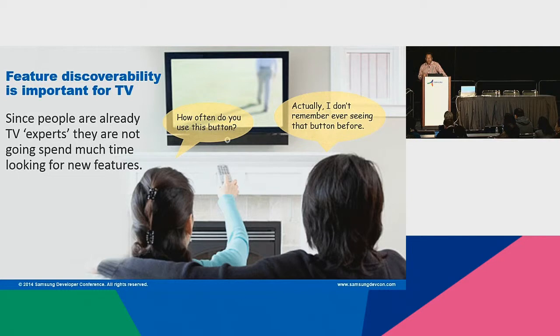Likewise, people are used to having buttons on a remote control or functions on a TV screen that they never use. That's just how things are. They just accept it. They don't really feel the need to know what these things do. So if people don't easily encounter a feature during their natural usage, chances are they will never, ever discover it. So discoverability and making things obvious is very key.